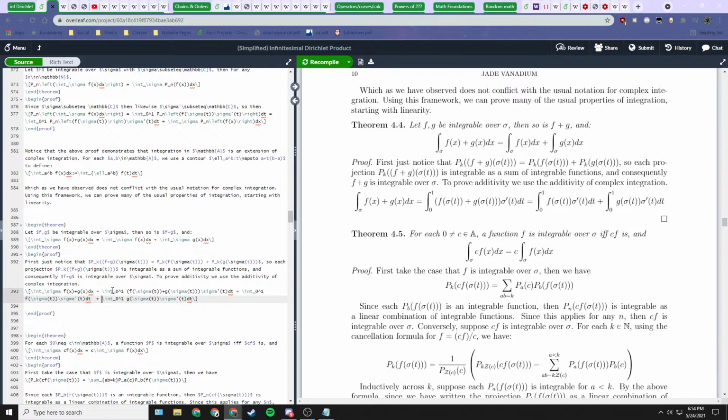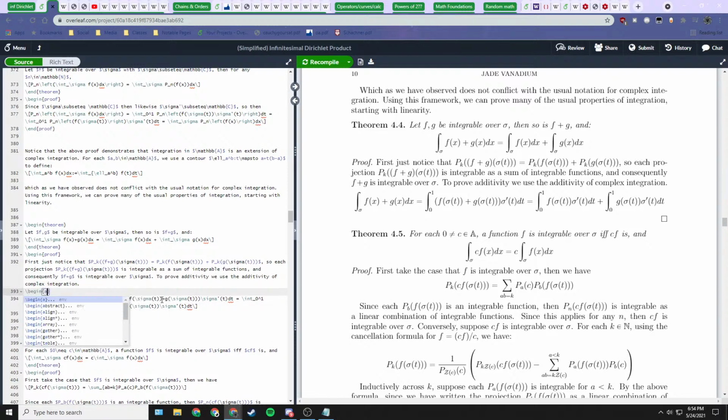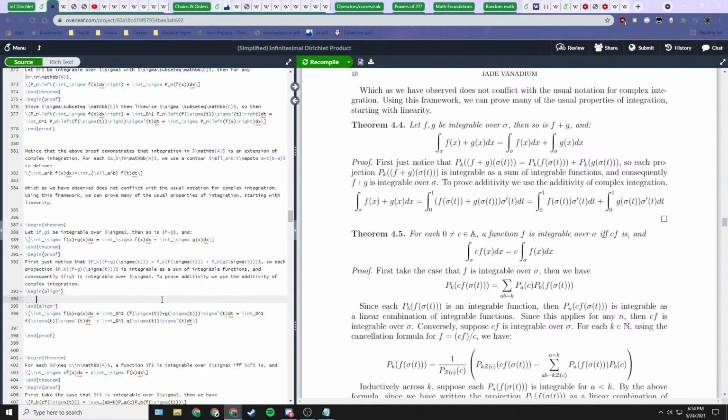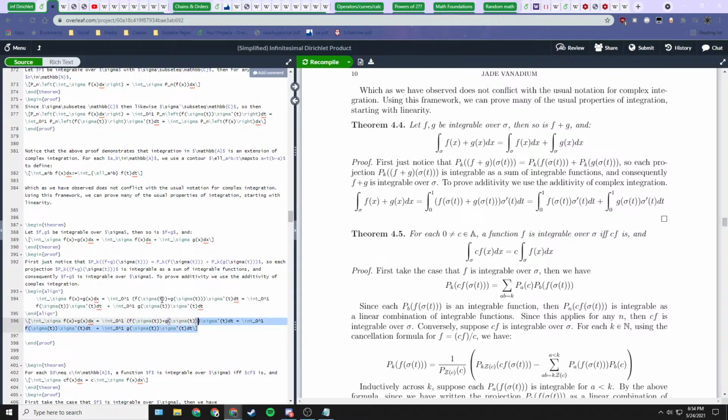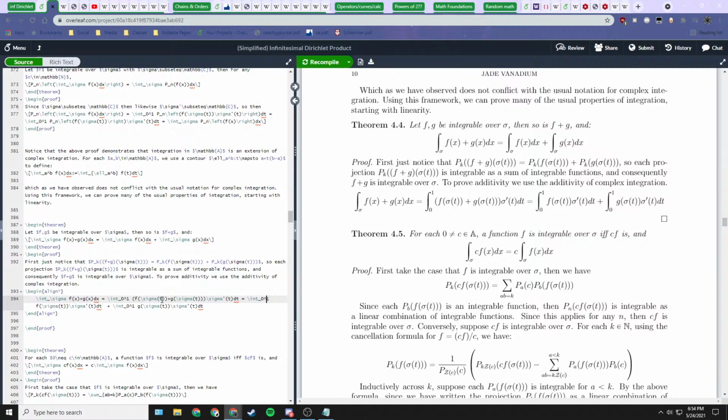And then we're actually going to need to separate these onto two different lines. And then this will just be this final conclusion here.